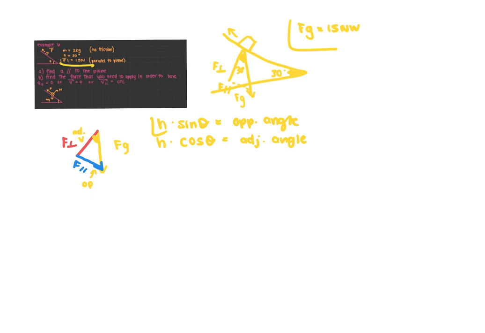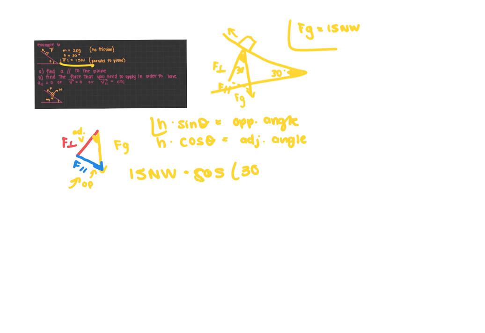So let's start off, and we really only need to find the parallel force. So to find the parallel force, it's going to be h, which is 15 newtons. Remember, the adjacent, the opposite is this one. So 15 newtons times cosine of 30.